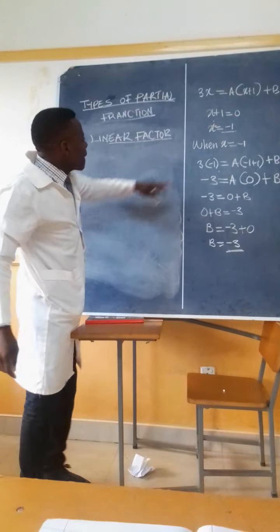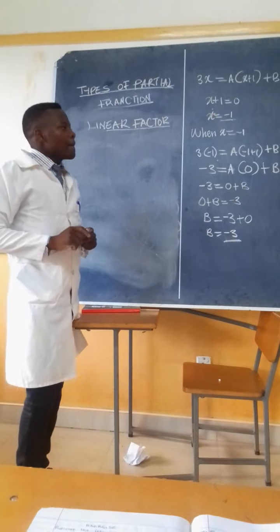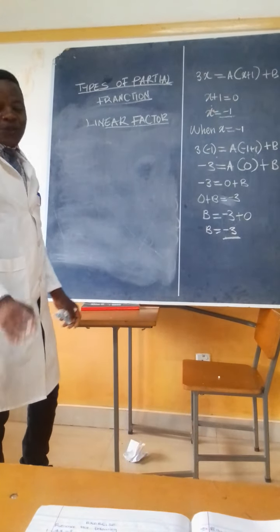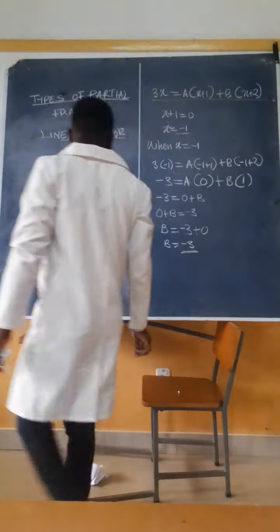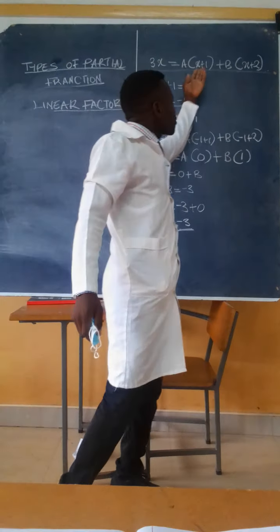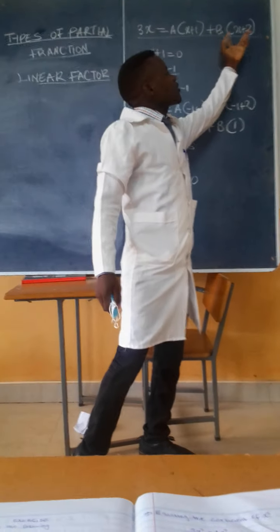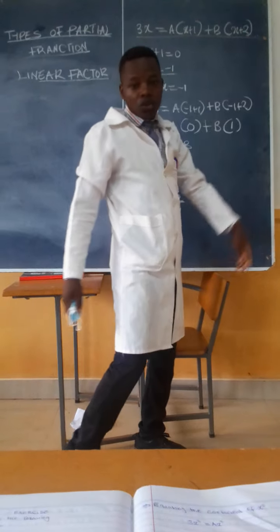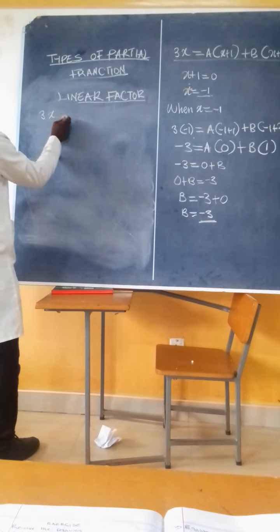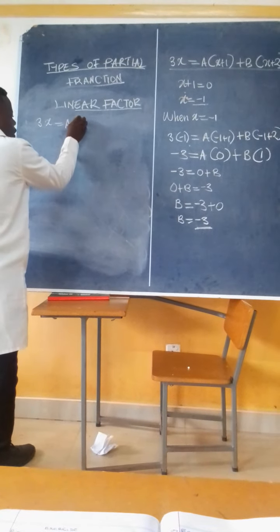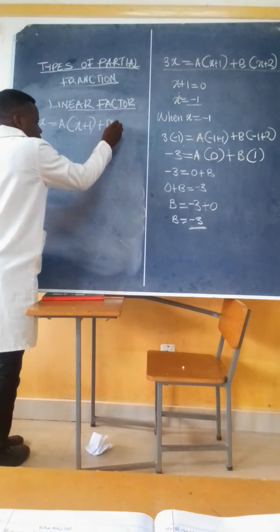So the way it is, we are going back to the same equation, 3x is equal to a(x + 1) + b(x + 2). Since we equated x + 1 to 0 to get negative 1, we also equate x + 2 to 0.